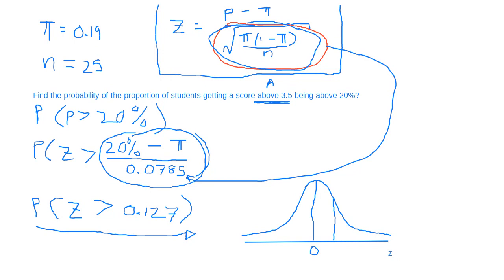We want the area on the right or on the left of 0.127. What do you think? On the right or left? What will tell you is this inequality sign. So we're looking for the area on the right or on the left of 0.127.